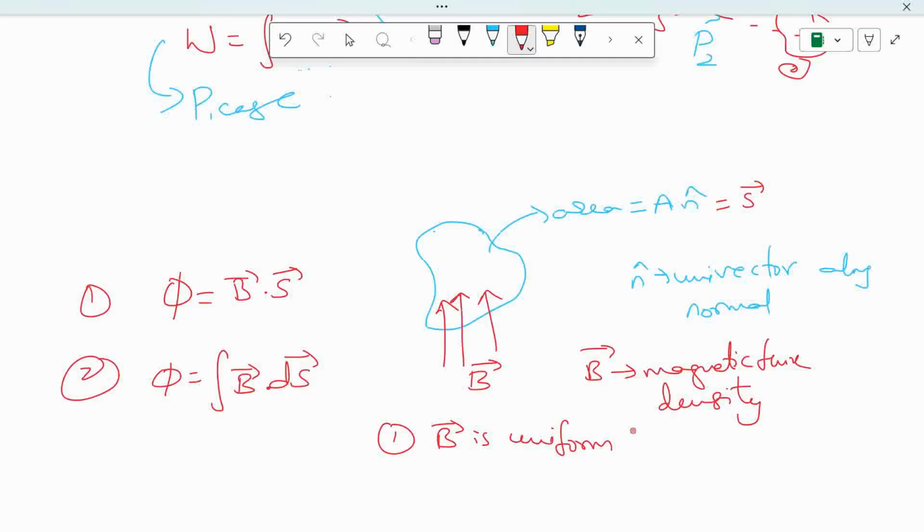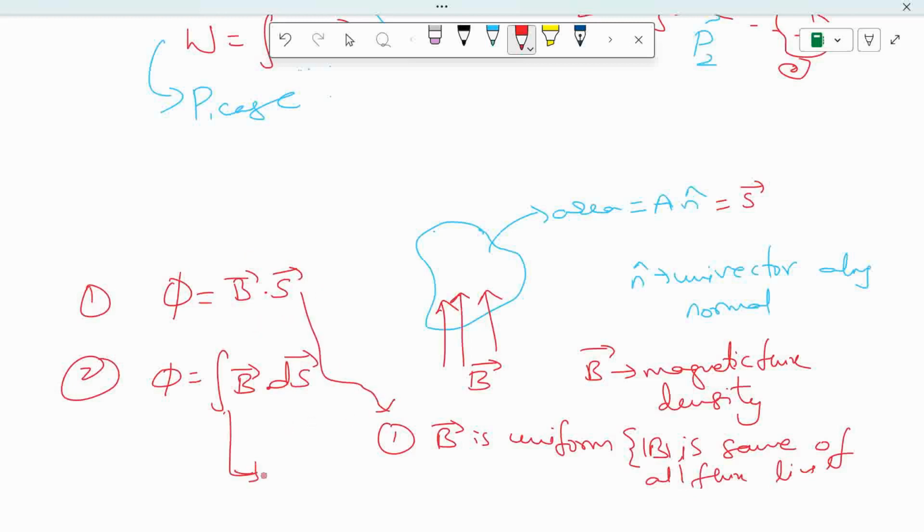So that means the magnitude of B is the same on all the surface, the same for all the flux lines. So this will be applicable to this case.